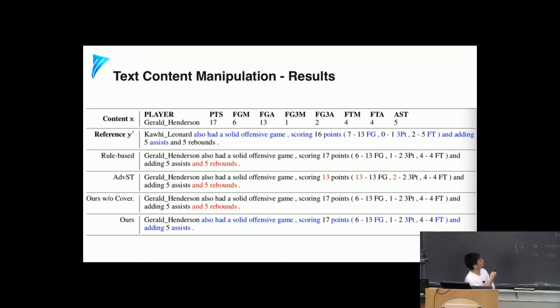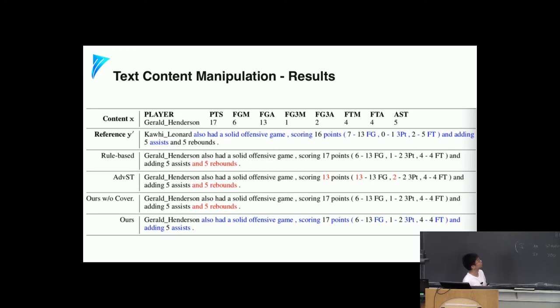Given this content X and this reference sentence, which is about another player, our method can basically generate a sentence that is what we want, using the same writing style. But other methods, like rule-based methods and adversarial learning methods, can produce some mistakes, because here, like 5 rebounds, we don't have list records in this.